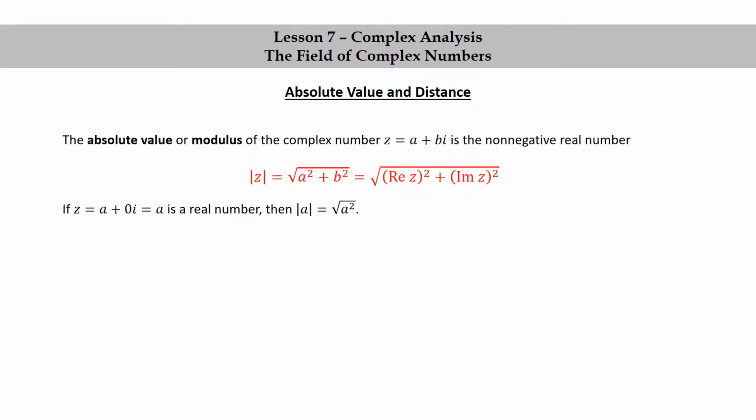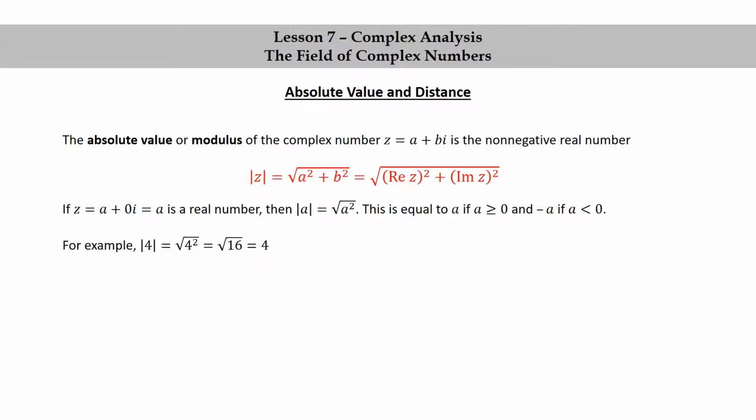If z equals a plus 0i, or a, is a real number, then the absolute value or modulus of a is just the square root of a squared. This is equal to a if a is greater than or equal to 0, and negative a if a is less than 0.